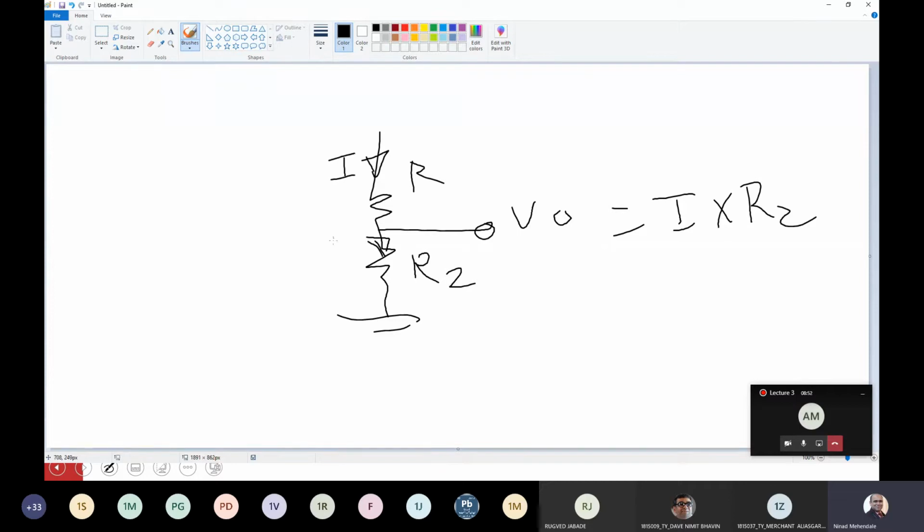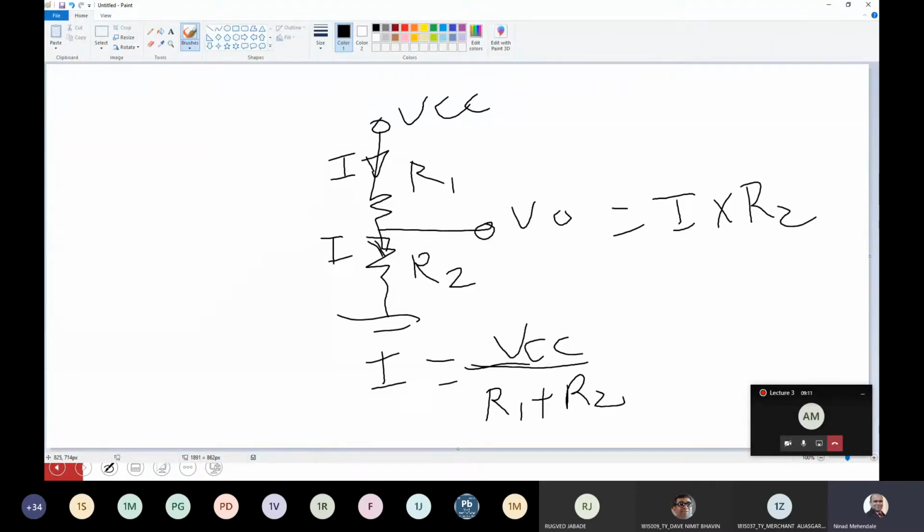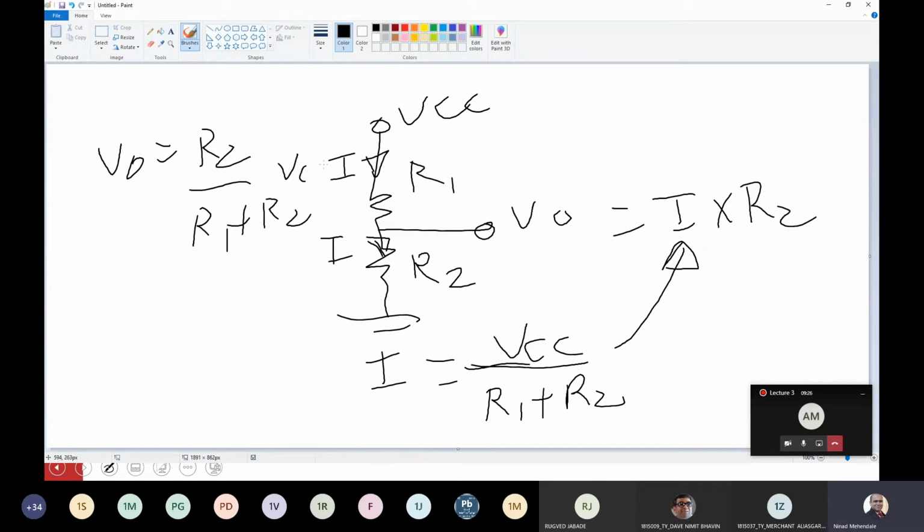So the same current I will be flowing here, and that's why if I call this point VCC, my current I will be the total resistance in series, which is the addition of the two resistances, R1 plus R2, and then total current is voltage upon resistance, so that becomes my I value. And now if I substitute this I value over here, what I will get is VO equal to R2 upon R1 plus R2 into VCC.